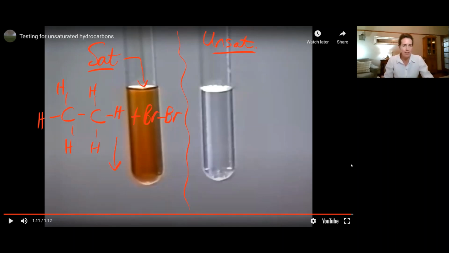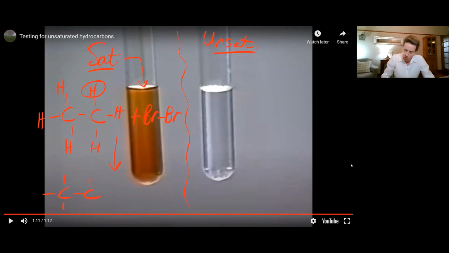But in order to react, actually, you will have to remove one of the hydrogens off of this compound. That takes a lot of energy and it requires a lot of time to actually substitute one hydrogen for another bromine to form this.